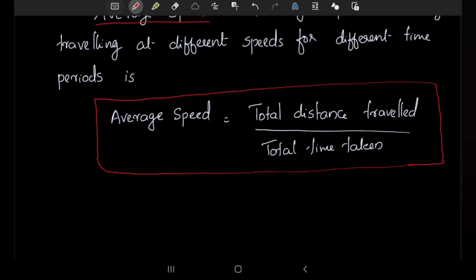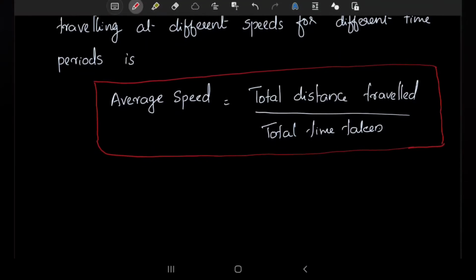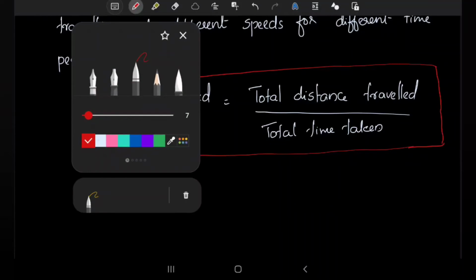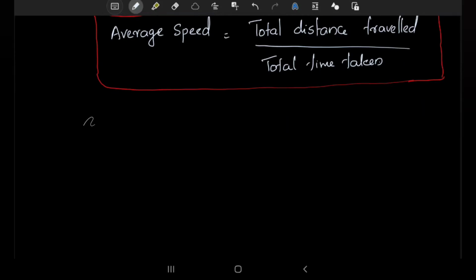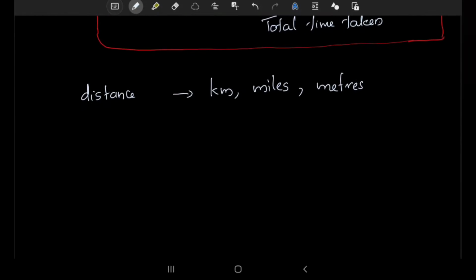This much is the theory session. Distances are usually measured in kilometers, miles or meters, and time is measured in hours or seconds.